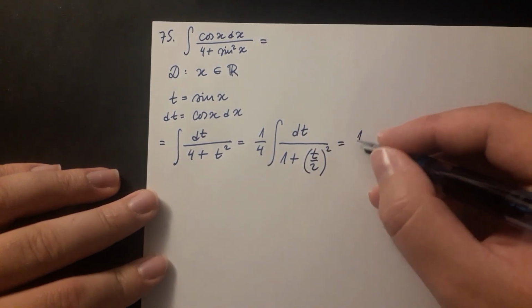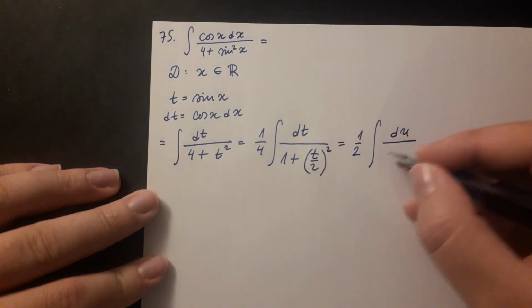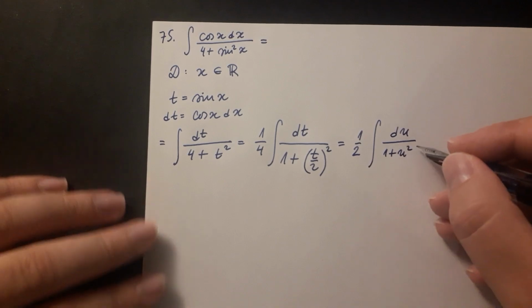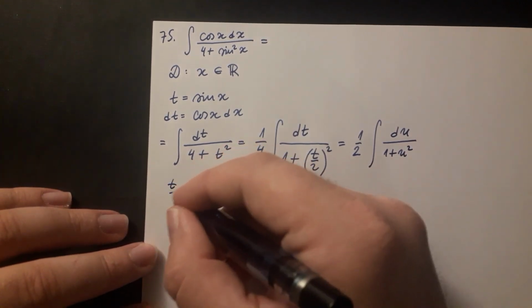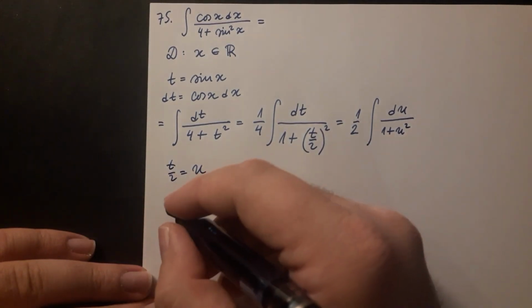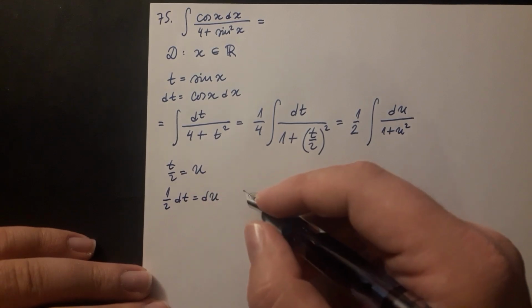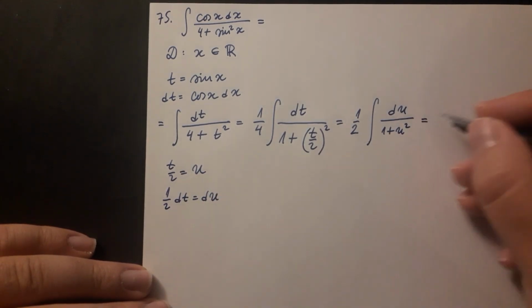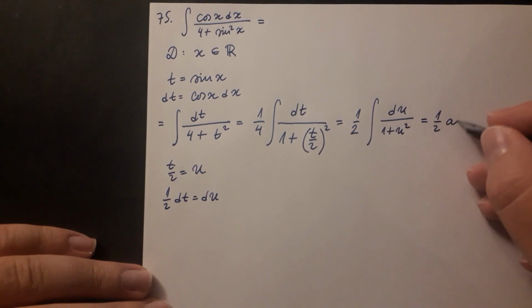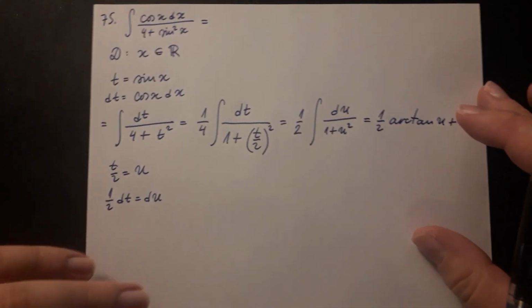This is equal to 1 half of the integral of du divided by 1 plus u squared, where t half is equal to u is a new substitution. 1 half of dt is then equal to du. This integral then becomes 1 half of arctan of u plus c.